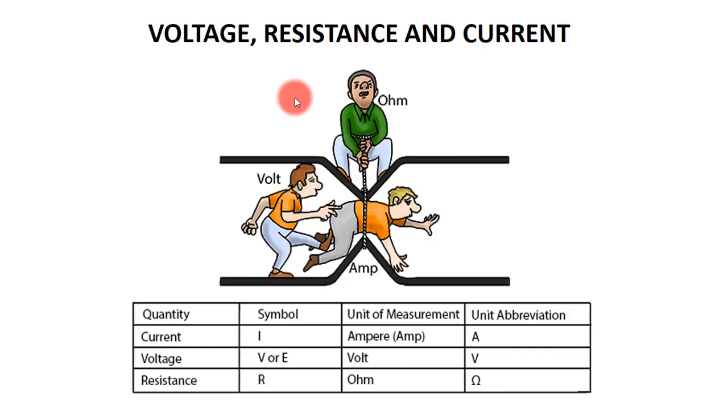Okay, so this is a very funny analogy explaining voltage, current, and resistance. Okay, so this man here is representing resistance, and you can see that he is trying to squeeze or block this passage, but voltage, which is the force or the energy acting on the electrons, is also pushing the current, which in this case are the electrons, through the space, or through the wire.